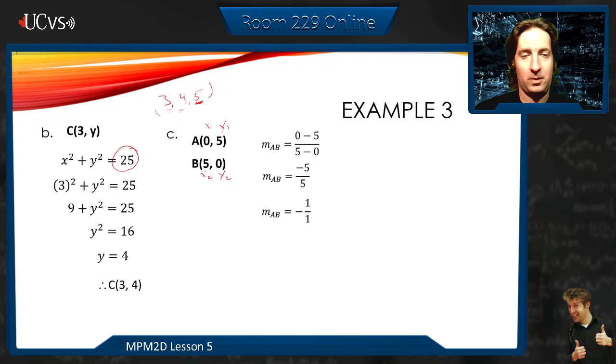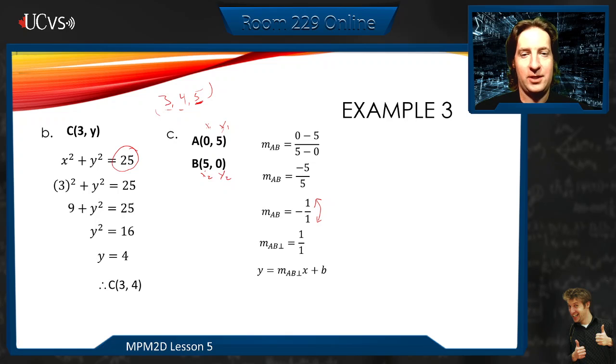That's the slope of my chord. To come up with the slope of my perpendicular bisector, I need to now do the negative reciprocal. So I take my fraction, and I flip it upside down, and I change its sign. So the slope of the line perpendicular to AB is now going to be 1 over 1, well, flipped is 1 over 1 still, and positive. So the slope is going to be just 1.